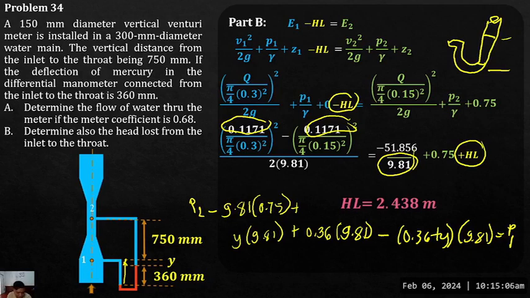On the other hand, if purong water to, no, wala kang 750, wala kang distinction na magagawa, wala kang 360. 'Di ba? Kasi if that is all pure water, assuming na wala kang mga values diyan, let's say meron ka lang height na y.